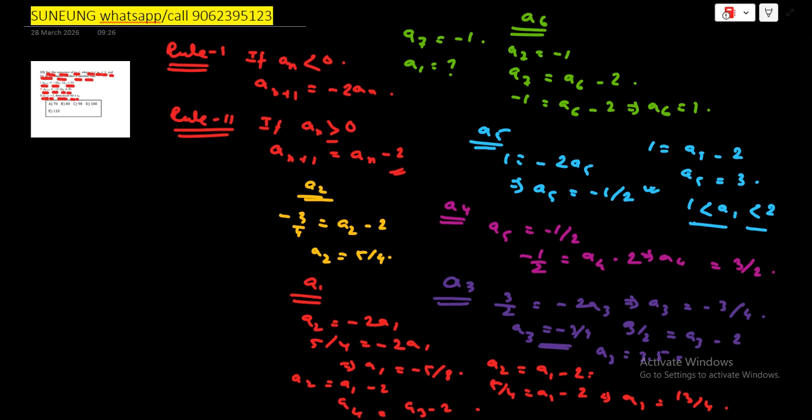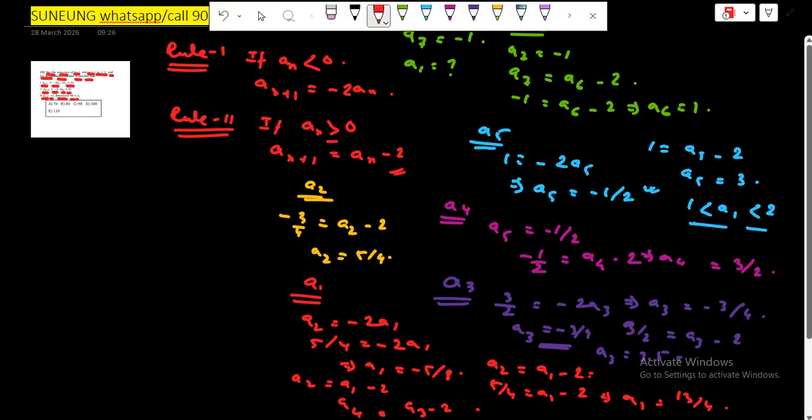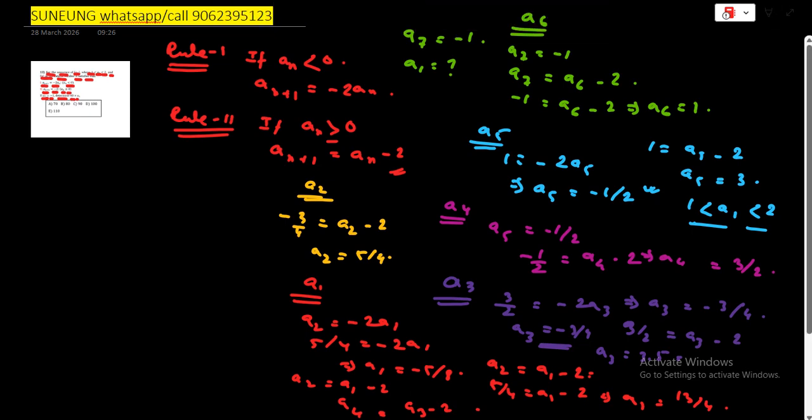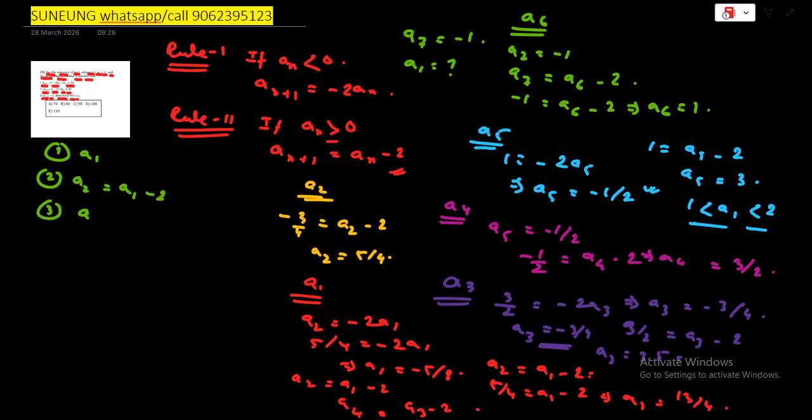First is a_1. Second is a_2 equals a_1 minus 2. Third, a_3 is equal to minus 2 times (a_1 minus 2), that is minus 2a_1 plus 4. That is positive since a_1 < 2.